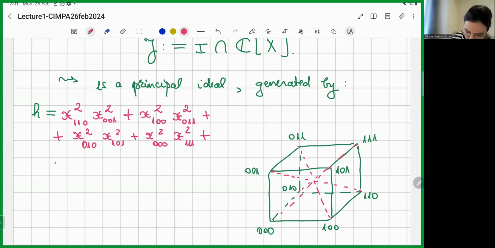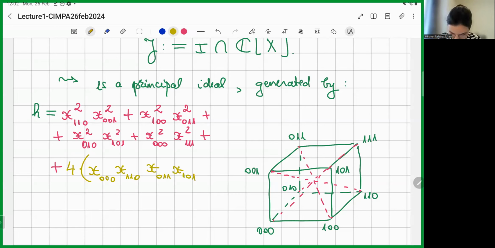And then there are, let me write with another color, 4 times x000 x110 x011 x101.